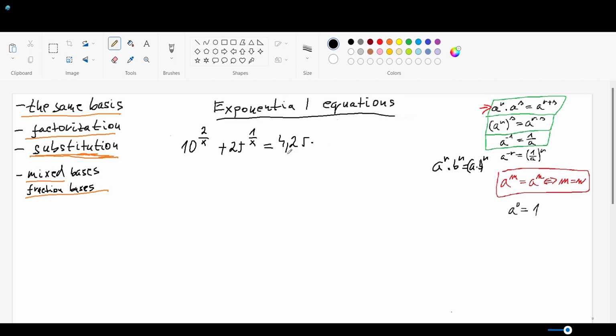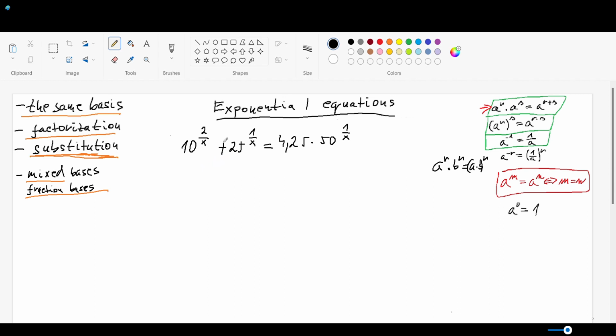And also, as you can see, there is a decimal number. So at first look, this equation doesn't look very easy, but as I said, a lot of times in mathematics you simply start solving, and during the procedure you will find that the equation is not as hard as you were expecting at the very beginning.